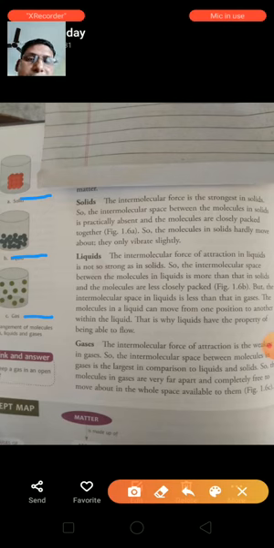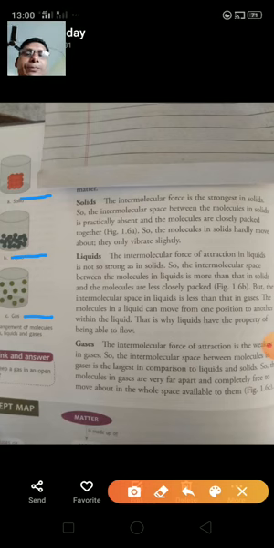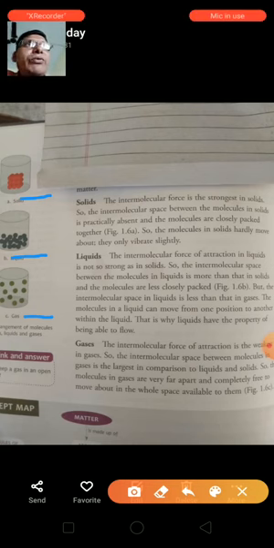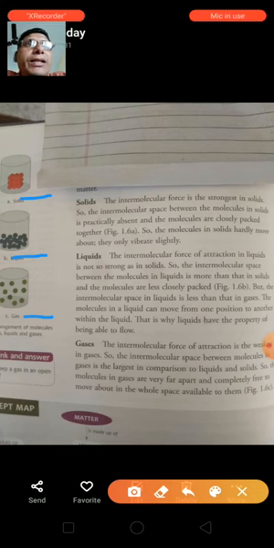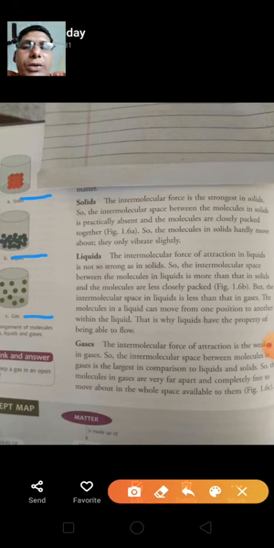So the molecules in the gases are very far apart and completely free to move about in the whole space available to them. That means gases can move freely, randomly in any direction because they have large intermolecular space and they have least intermolecular force of attraction.